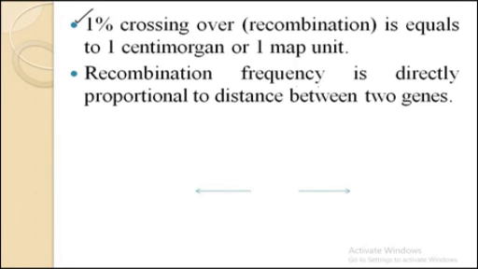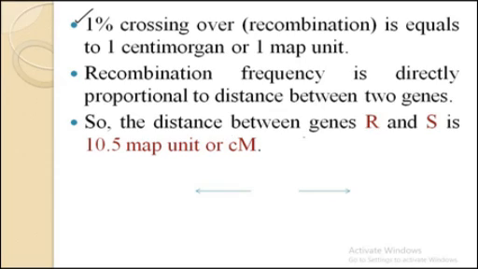Recombination frequency is directly proportional to the distance between two genes, we know very well. So the distance between two genes, that is R and S, is 10.5 map units or centimorgan.